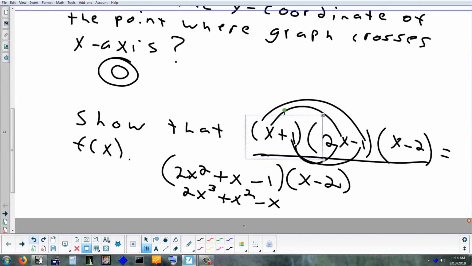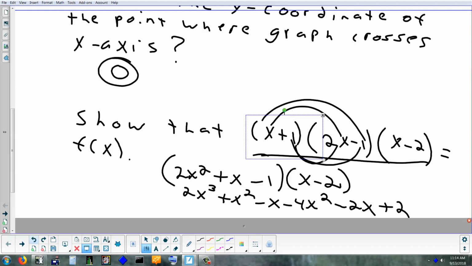Yep. So we did the first term in the binomial to everything. Now we're going to distribute the -2 to everything. So Kathleen, can you distribute out the -2 for me? Minus 4x squared plus 2x.